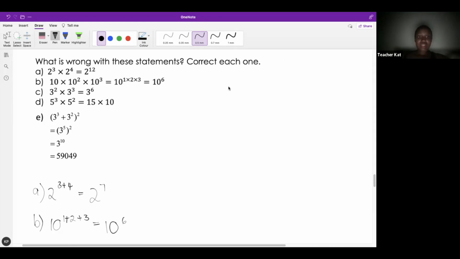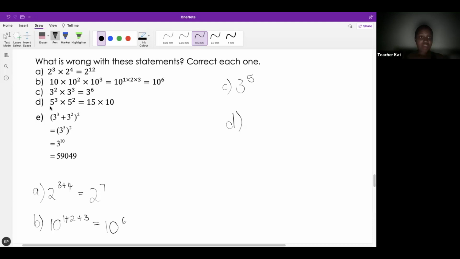Number C, they did the same thing, didn't they? They multiplied exponents instead of adding. So it's actually supposed to be 3 to the power of 5 for number C. Nice. Number D is a little bit different. They multiplied the bases with the exponents, isn't it?